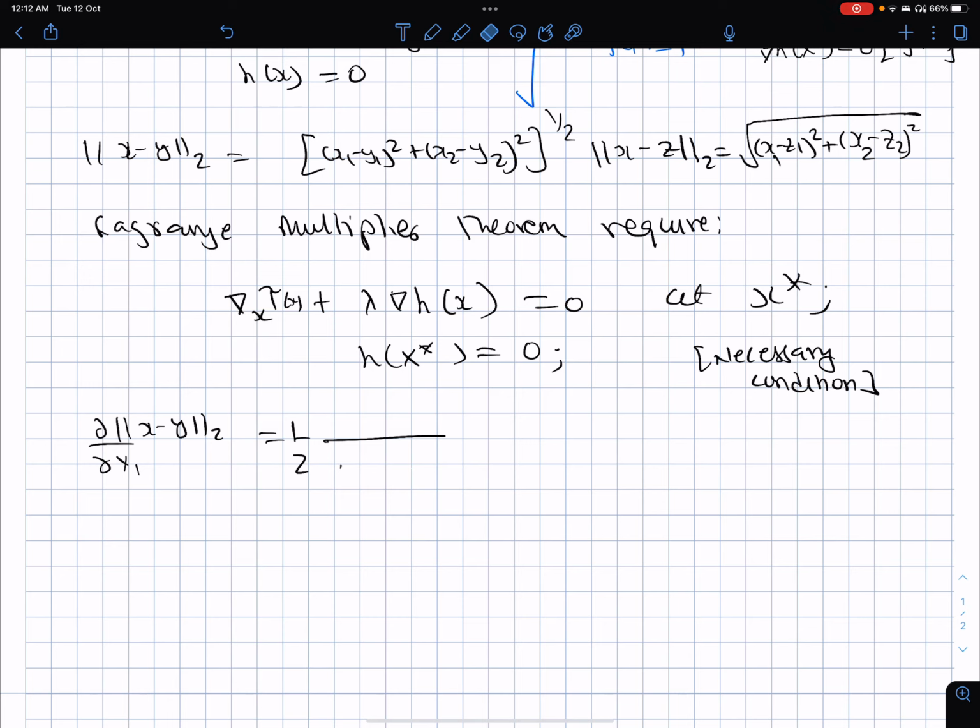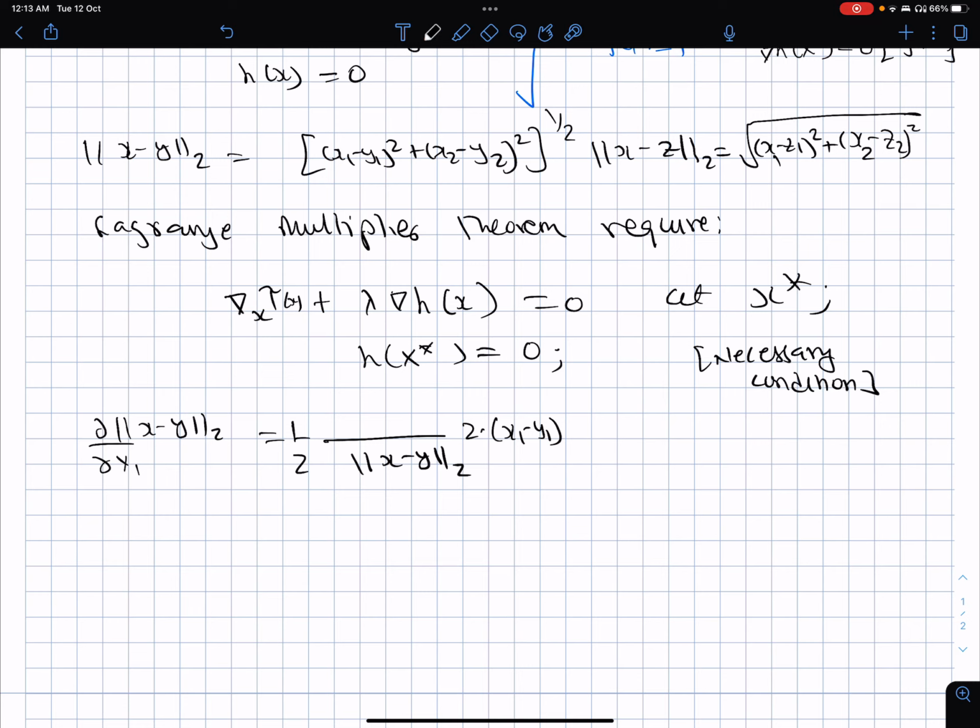So I will just simply write this, in short form, as the distance of x minus y. Then I am going to take the partial derivative, applying the chain rule, of this with respect to x1. So this term is not going to contribute anything. This 2 will come out, so therefore I'll get 2, and I'll have to do x1 minus y1, and then I take the partial derivative of x1 minus y1 with respect to x1, which is only 1.